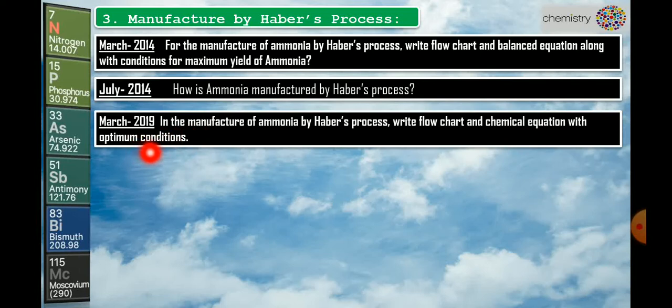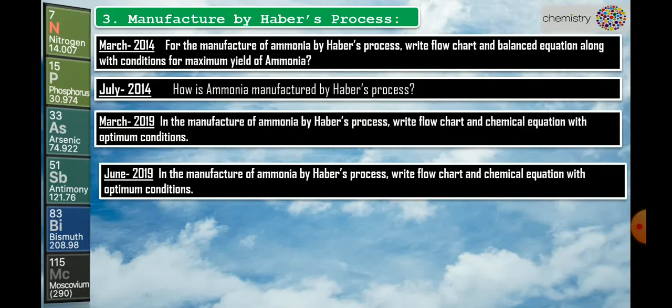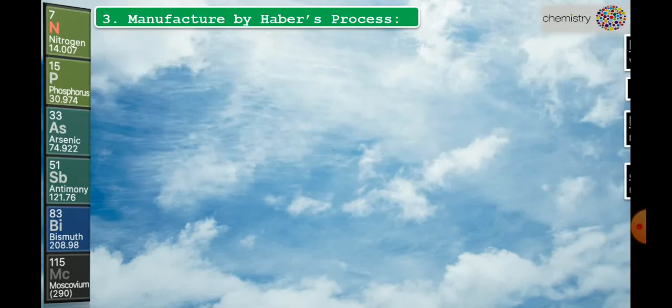Again, 3 questions are asked: write a flow chart, 1 mark; chemical equation, another mark; optimum conditions, 3rd mark. In June 2019 also the same question was there. So, got the importance of this manufacture method? Fine, we'll see what that manufacture method is.